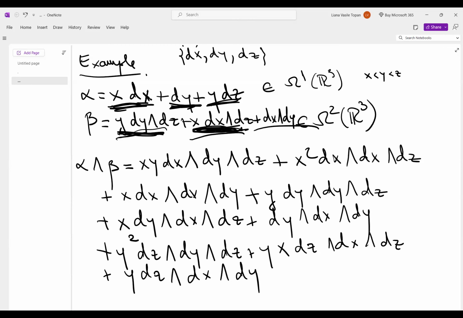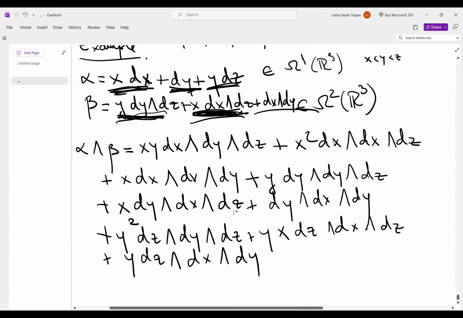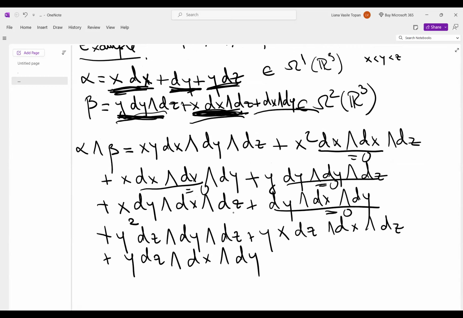Okay, now let's reduce a little bit here. You remember that the wedge product of a form by itself, since it's an odd degree form, is 0. So this is 0, then this is 0, then I have dy wedge dy, that's 0, dy wedge dy, that's 0, dz wedge dz, that's 0, dz wedge dz is 0, and that's all right.